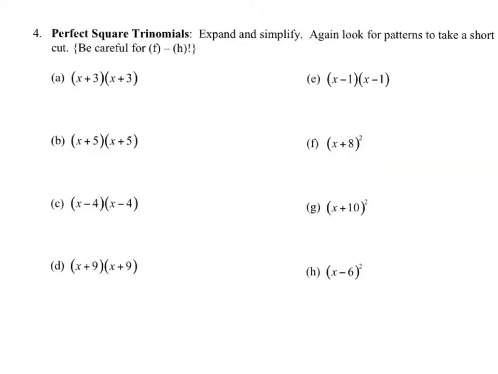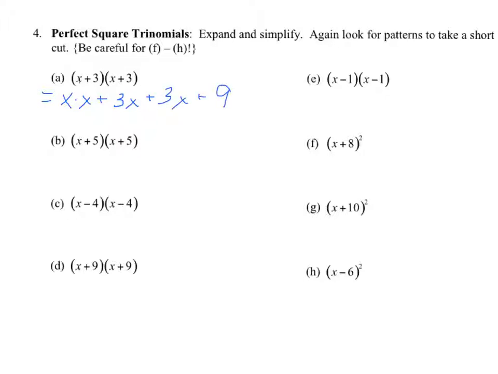On number 4, we're looking at perfect square trinomials. So notice here, the two binomials that I'm multiplying are the same. So when I use the distributive property, I'm going to get x times x, plus x times 3 gives me 3x, and then plus another 3x, and then a 9 at the end.